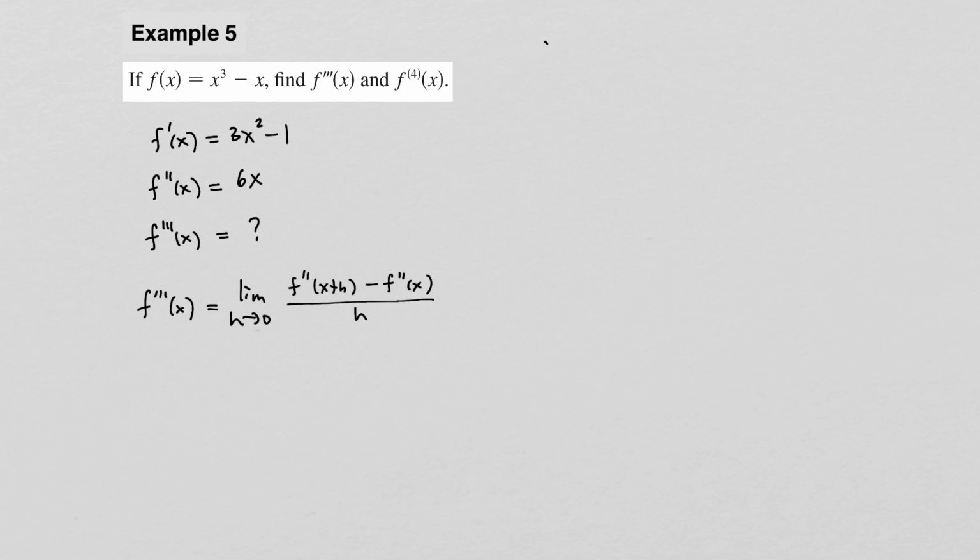And so we need to know, what is f double prime of x plus h? Well, again, f double prime of x is 6x. So f double prime of x plus h is 6 times x plus h, which is 6x plus 6h. So this becomes the limit as h goes to 0 of 6x plus 6h minus f double prime of x, which is 6x, all divided by h.